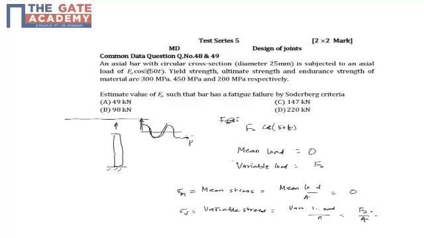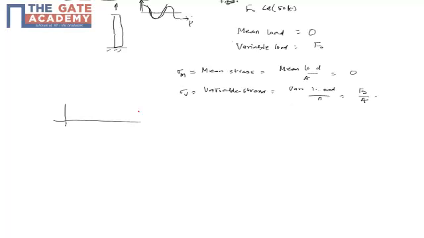Now what he says is you need to estimate the load such that there's a failure by Soderberg. Now Soderberg, if you remember, is denoted by this line, where on the y-axis you are plotting variable stress, and on the x-axis you are plotting mean stress.